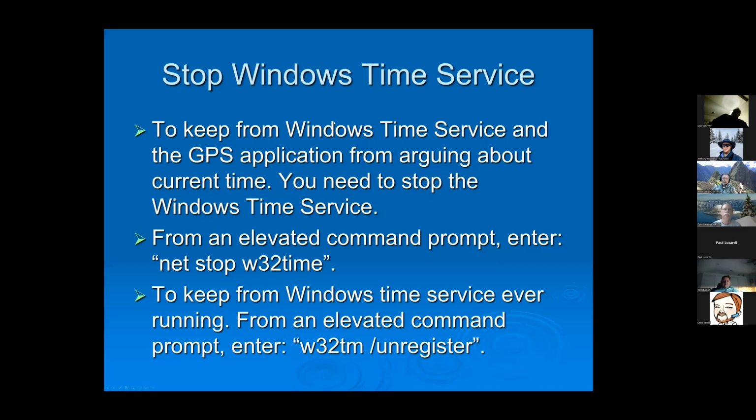If you want to stop Windows Time Services so you can correctly test it, from an elevated prompt, which means you're at an administrative command prompt, so good old command window there, you just enter net stop w32time, and that'll give you a list of messages that says the time service has been stopped.